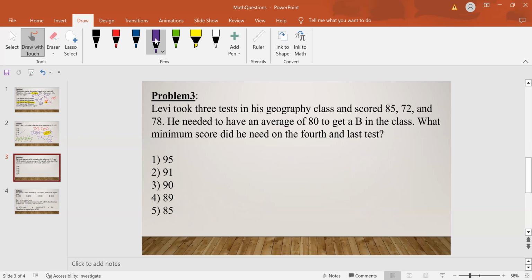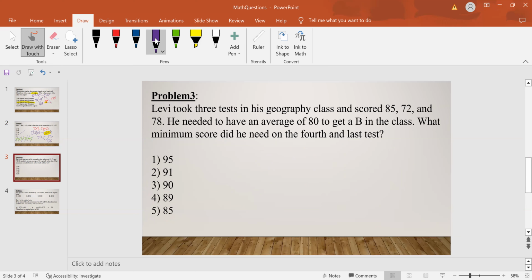Levi took 3 tests in his geography class and scored 85, 72, and 78. He needed to have an average of 80 to get a B in the class.